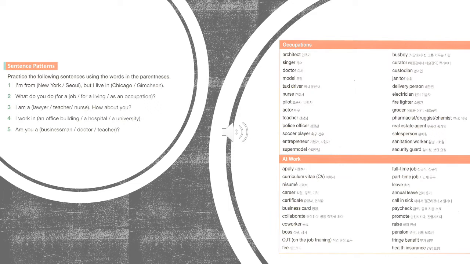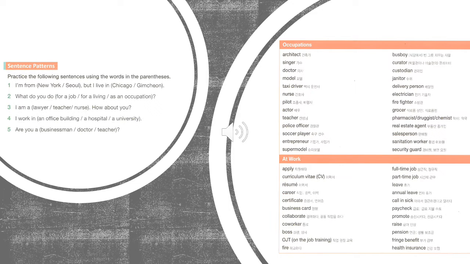And we have here a list of occupations or jobs. Occupation is a fancy word for job. If you'll look at the chart on the right, we'll start there. And we've got quite a few. There is a handy, very useful translation of each of these jobs into Korean right next to the English word.